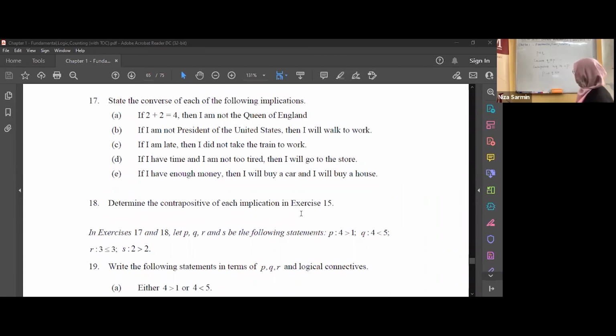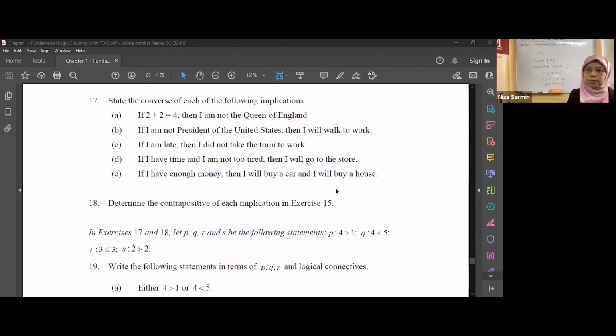If you want to do contrapositive, that will be this, the contrapositive, which is not Q or not R implies not P. Okay, so when you read, you will say, if I will not buy a car, or I will not buy a house, then I will not have enough money.